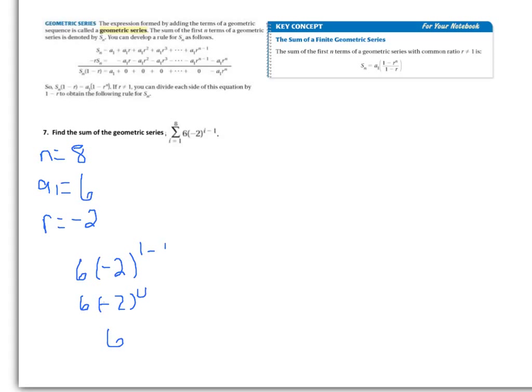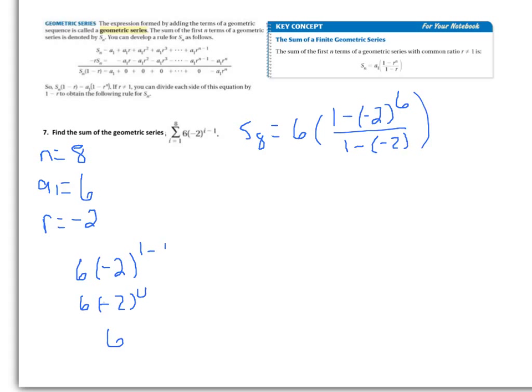So, now we say the sum of the first 8 terms: 6 times 1 minus negative 2 to the 8th, divided by 1 minus negative 2. Okay?